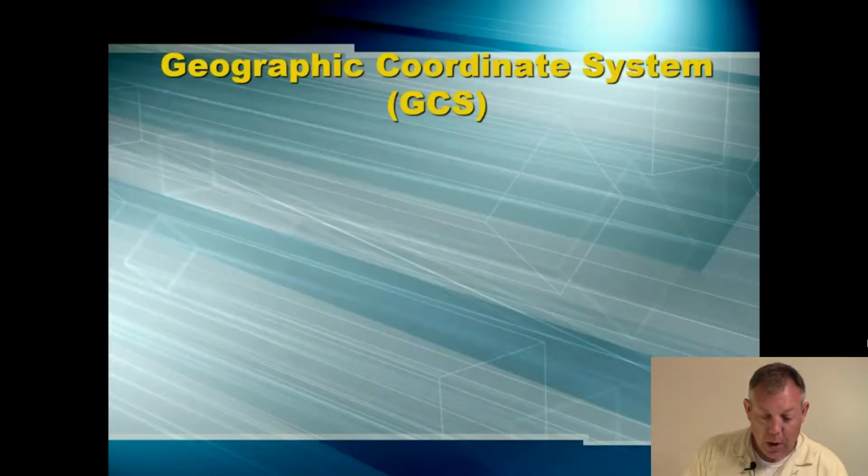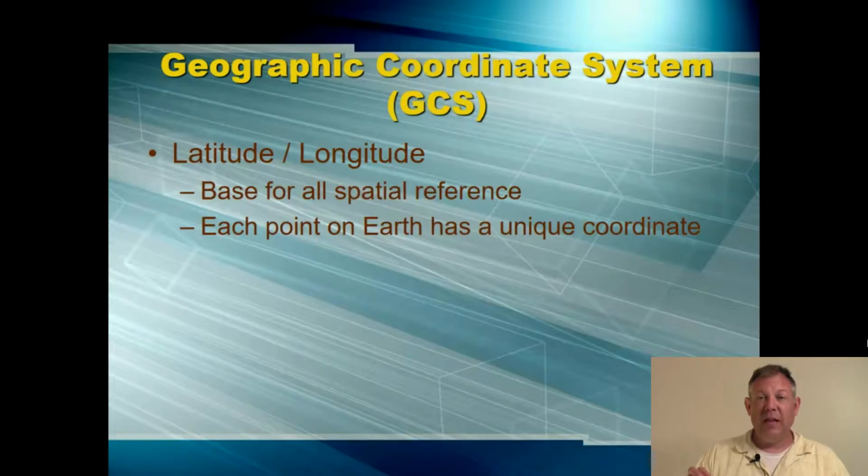Okay. Well, this system is called the Geographic Coordinate System, or GCS. And it's the basis for all spatial reference. It works because this gives a point or a set of coordinates for every location on the planet.